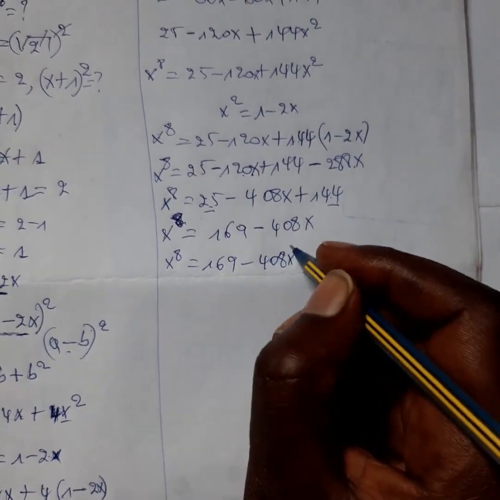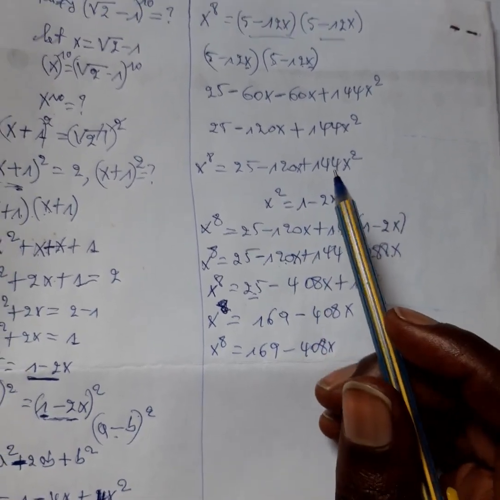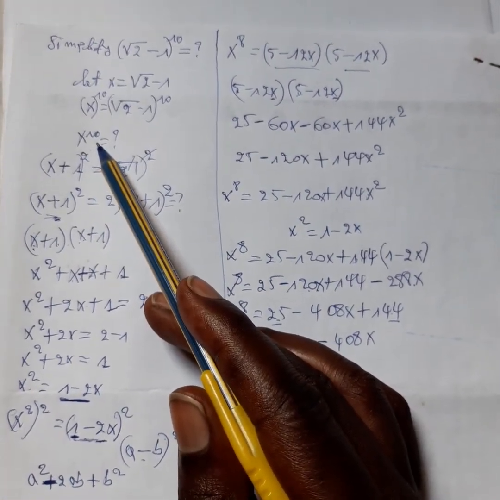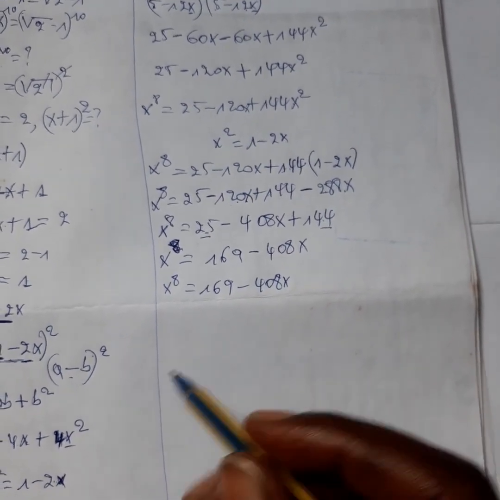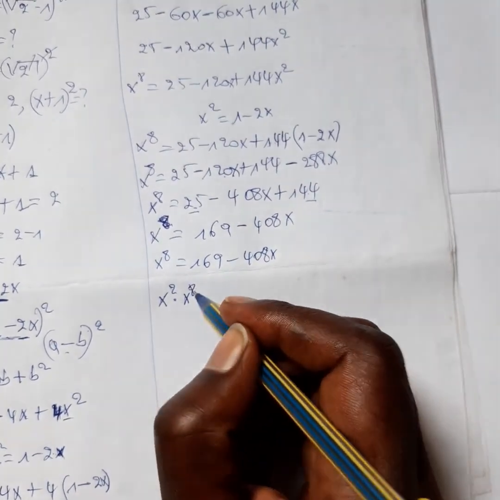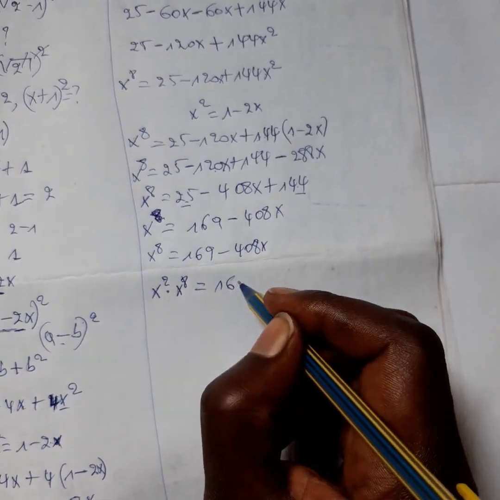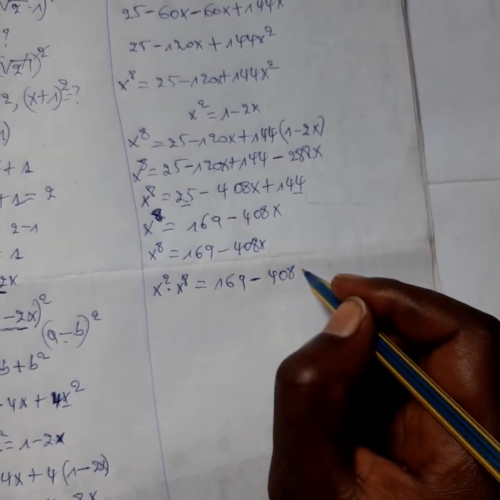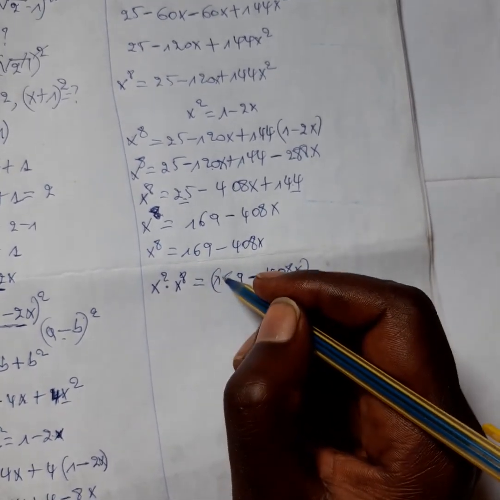Okay, so remember we are working on this to try to get x to the power 10. So we are going to multiply x squared on both sides. So x squared times x to the power 8 will be equal to 169 minus 408x, times x squared.